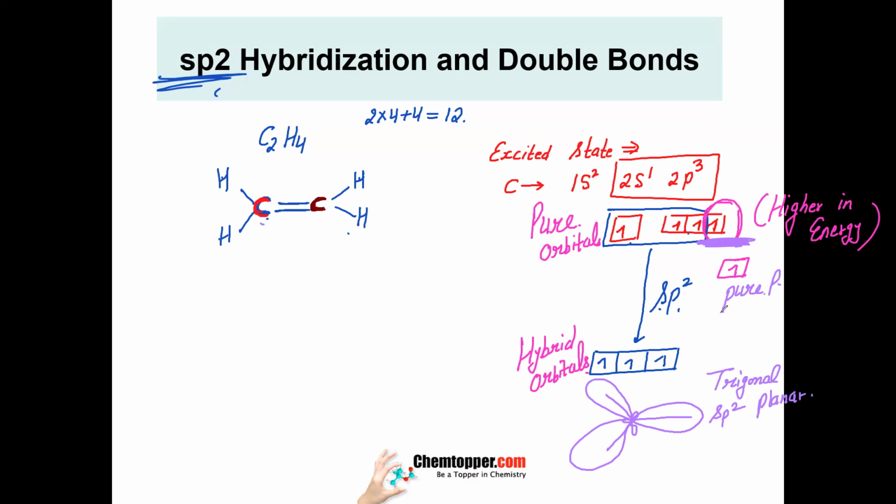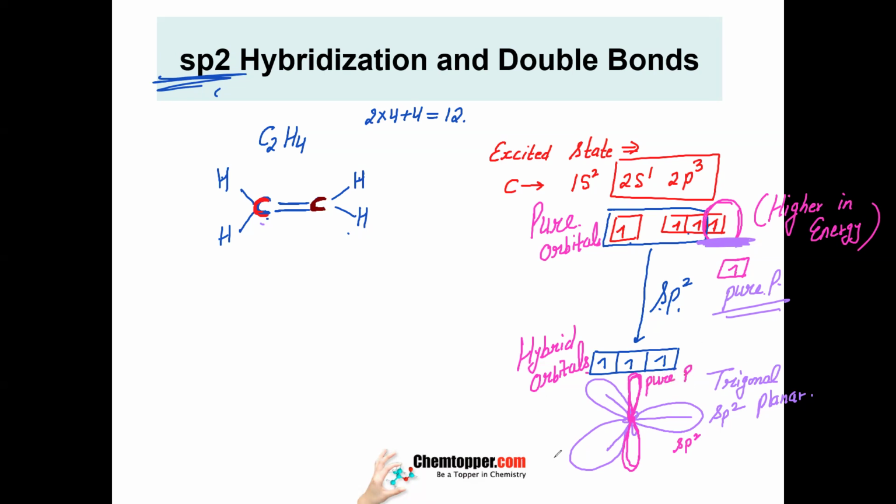But where is this pure p? It is standing perpendicular to the trigonal planar like this. This is pure p, like a dumbbell. See, these are sp2 orbitals, and this is pure p.